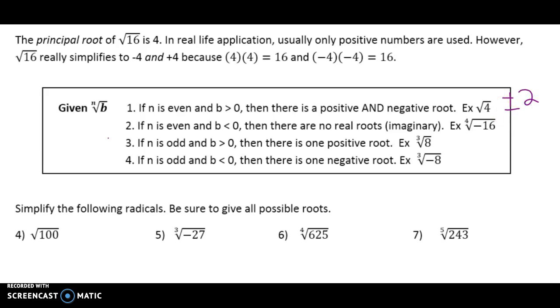And then number 2, so the 4th root of negative 16. So you have your chart. What's the 4th root of 16? So 4th, and you can go down to find 16. Maybe it's 2. Okay? But 2 to the 4th gives us positive 16. How can we get that negative 16?